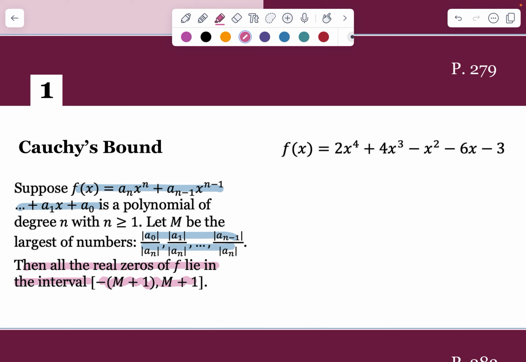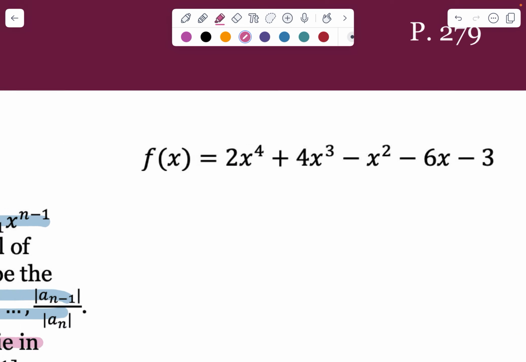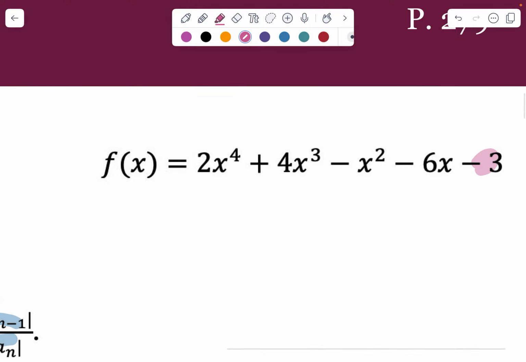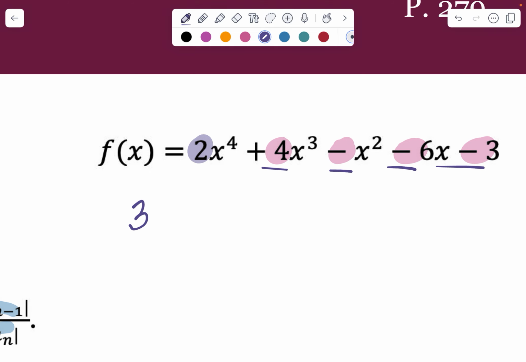M is going to be the largest of the numbers that we get when we work with the coefficients on all of the terms along with the coefficient on the first term. It's pretty easy. All we need to do is take the absolute value of each of those coefficients, that's just the positive form of those numbers, and divide it by the absolute value of the leading coefficient.